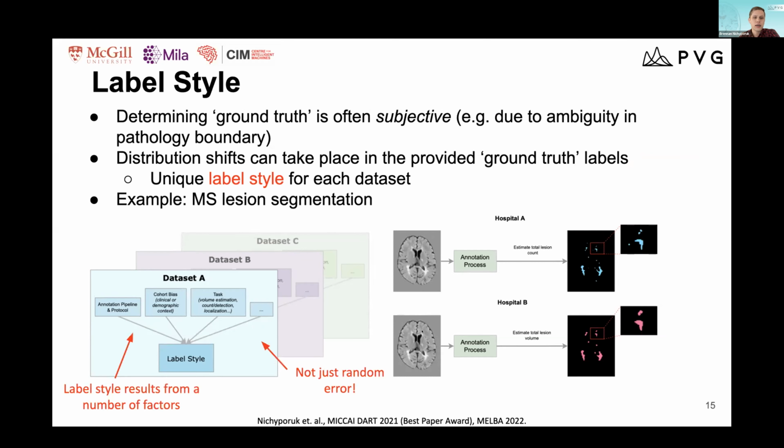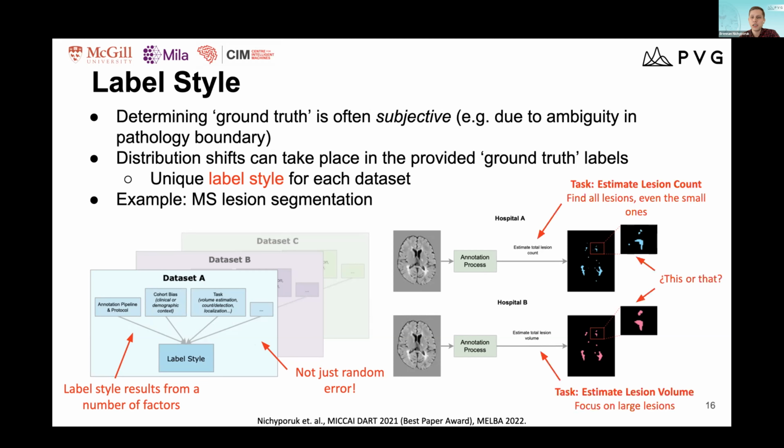Now, here we have a number of different sources or factors that can cause label style. It's important to note that these aren't just entirely random. It can be caused by the label protocol, of course, but also things like the goal of a study.